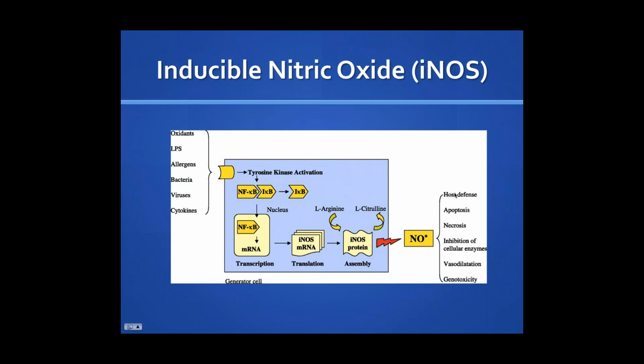So this is involved in the host defense, apoptosis, necrosis, the inhibition of cellular enzymes, vasodilatation, and genotoxicity. So it's a mixed bag. It's how we protect ourselves. It's how we create a reaction to invasion or to toxicity or to allergens, but it can also kind of go the wrong way.